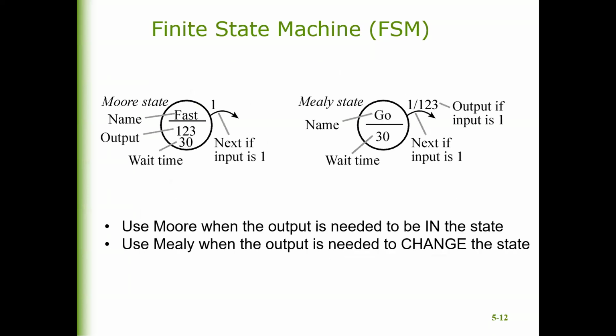Let's look at this comparison. Like we discussed, a state graph, or state transition graph (STG), has nodes and edges. Think of the circle as a node. The nodes refer to the states of the FSM, and here we have a state called fast.